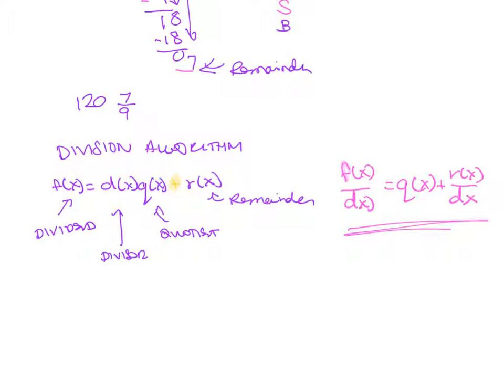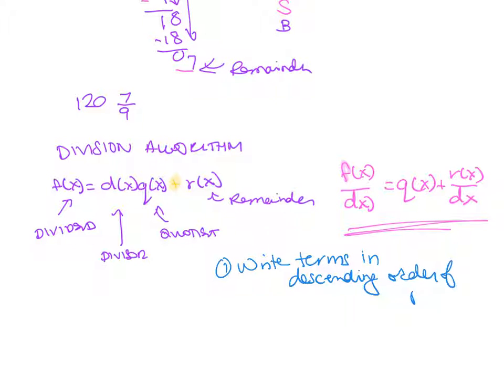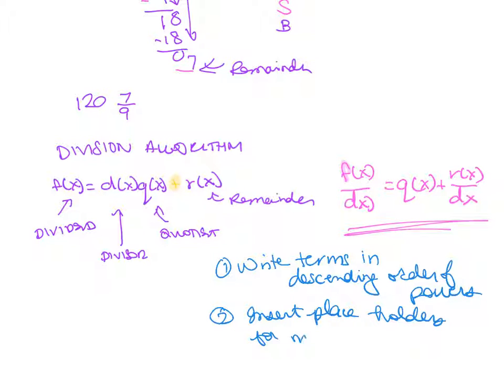Now, just some reminders. Number 1, you should write terms in descending order, so in standard form, descending order of powers. And the other thing you need to remember, really important, is to insert placeholders for missing terms.